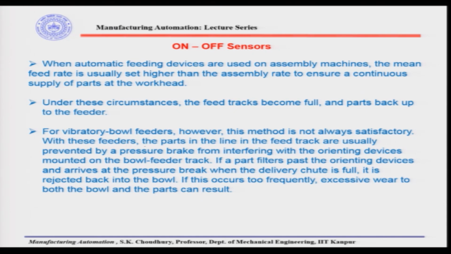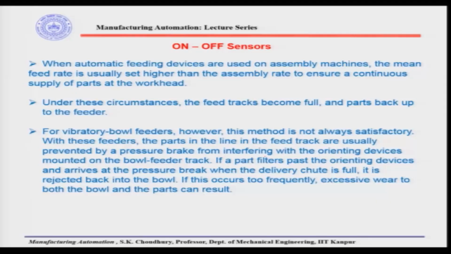With these feeders, the parts in the feed track are usually held back by a pressure brake. We have seen the pressure brake, you remember. It prevents parts of certain orientations from going through, because the track is narrowed.